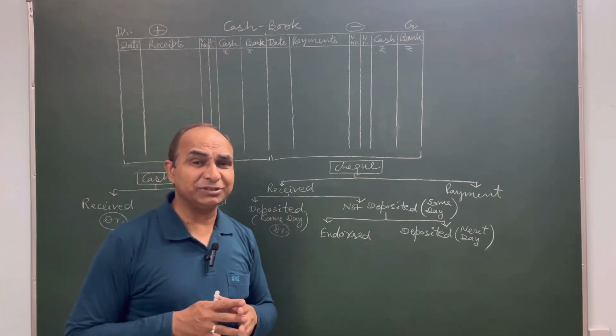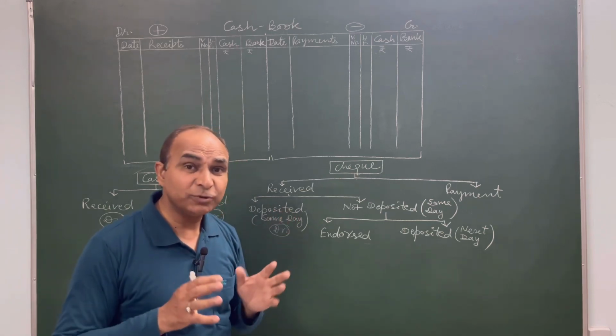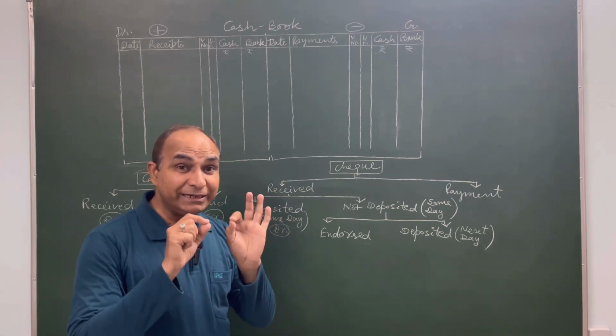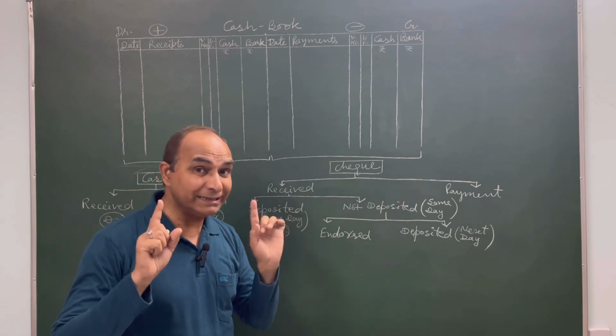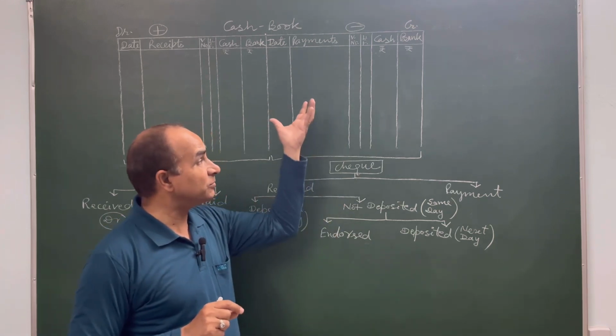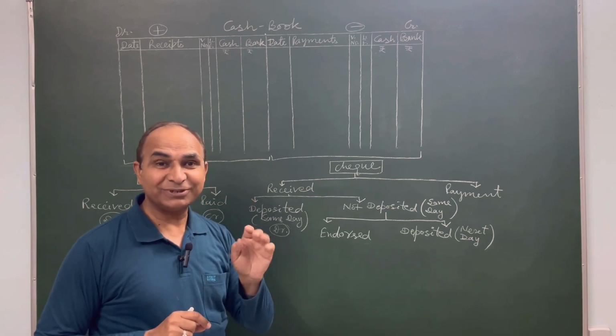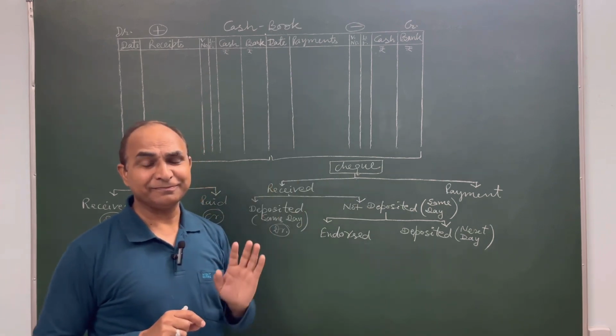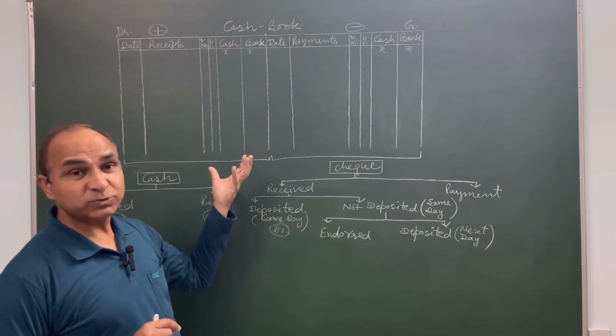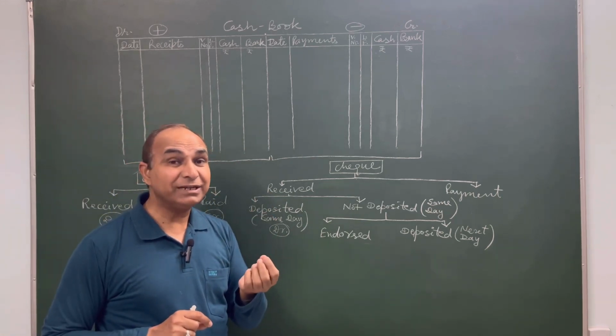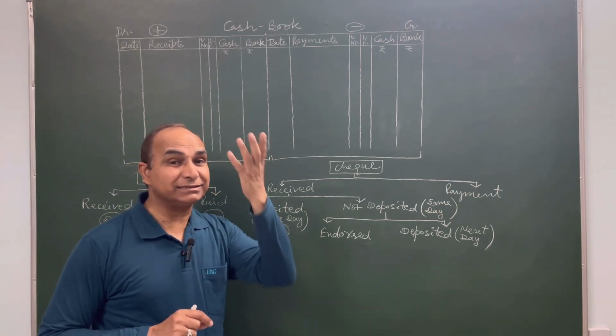Why am I telling you this? Because when a cash book is maintained, and listen carefully, we need not maintain a cash account and bank account separately, because this cash book is a journal as well as a complete ledger in itself.